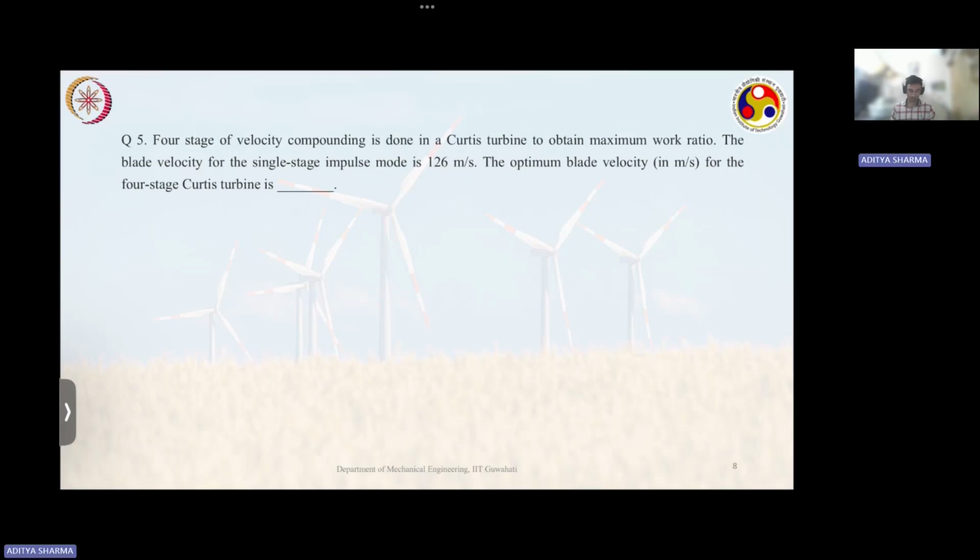Then we have a numerical question. Have a look at the question, what it says, then we'll try to answer this.